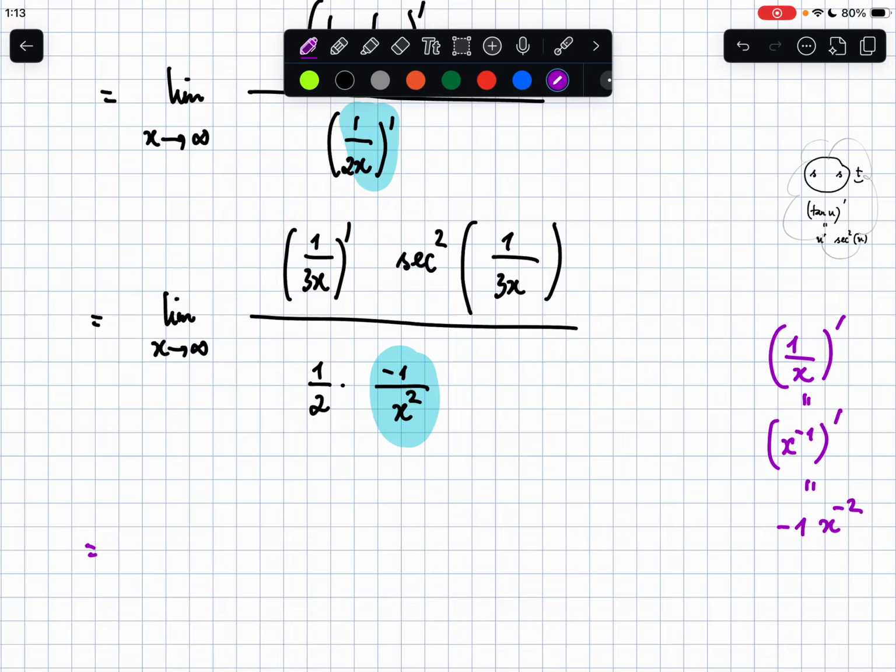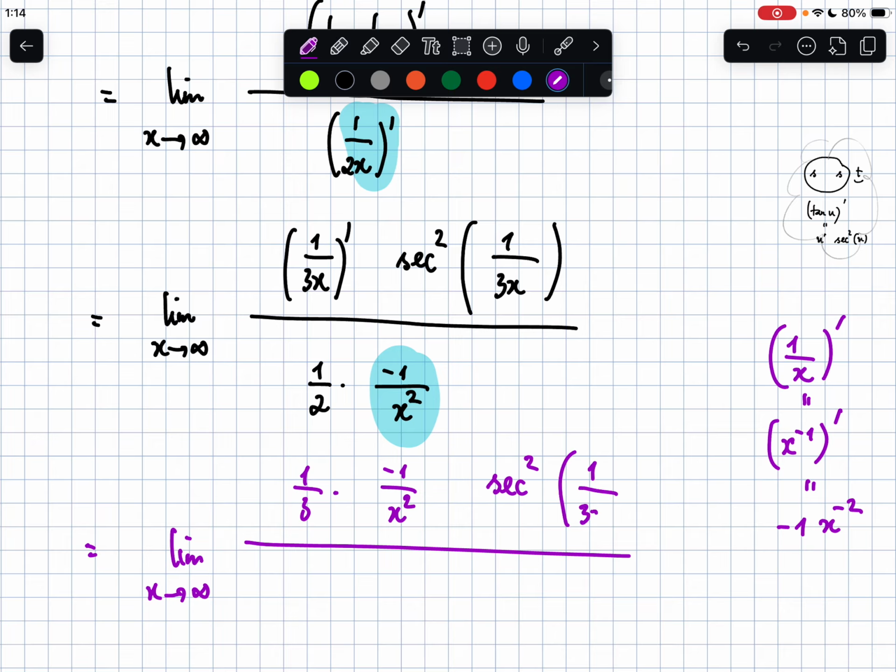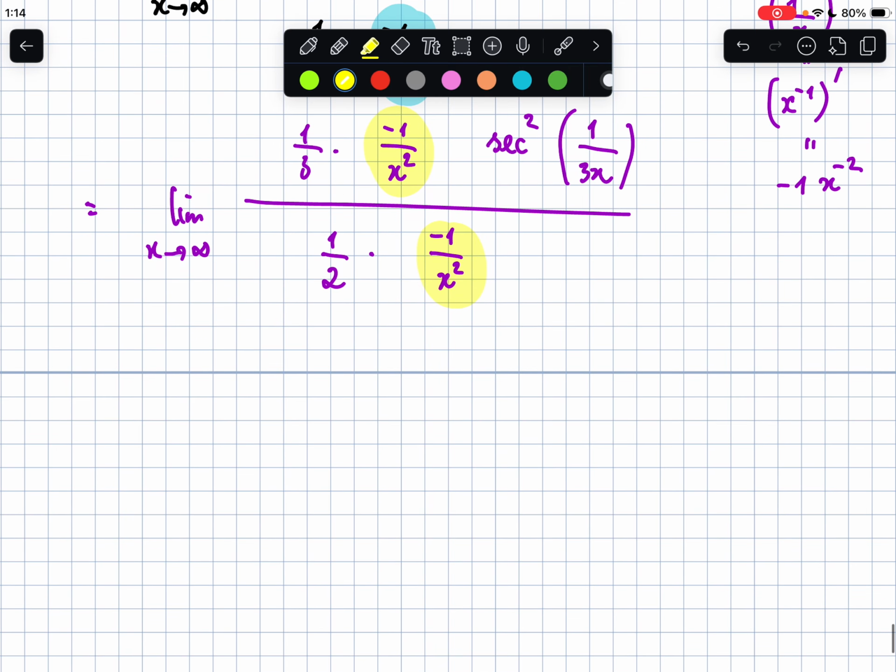Limit as x to infinity, 1 over 3 times minus 1 over x squared times secant squared of 1 over 3x, over 1 over 2 times minus 1 over x squared. You see that this one and this one cancel out. Then you have 2 over 3.